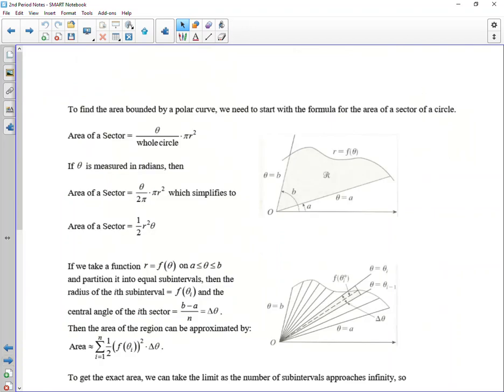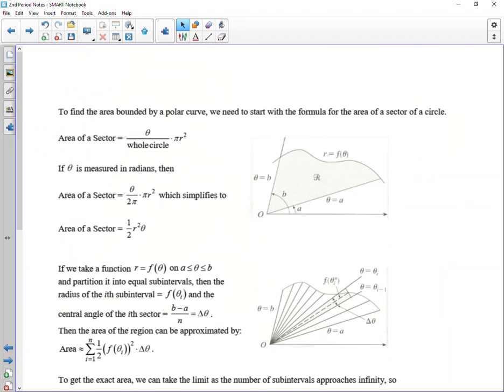so now we're going to do area of polars. So, do you remember the area of a sector? So if I have a circle, oops, and I want to find the area of just one slice of this circle, right?